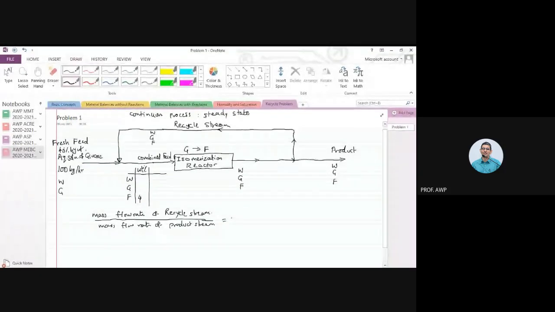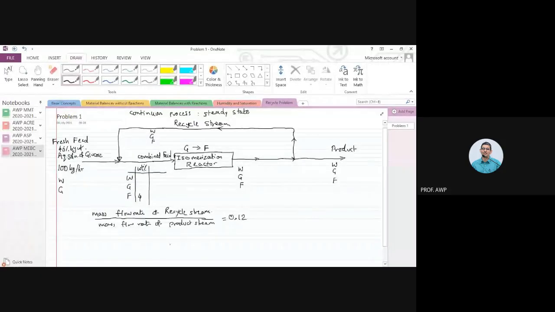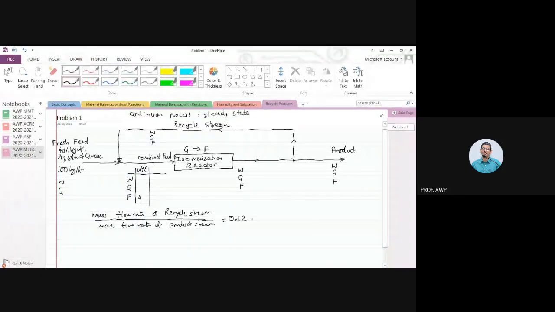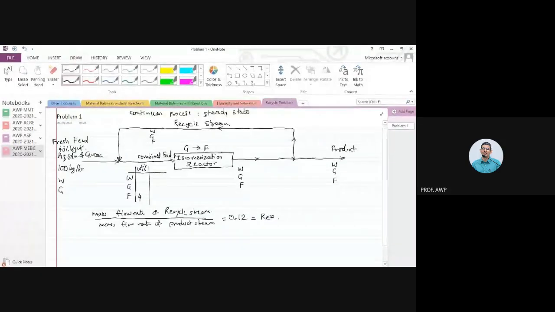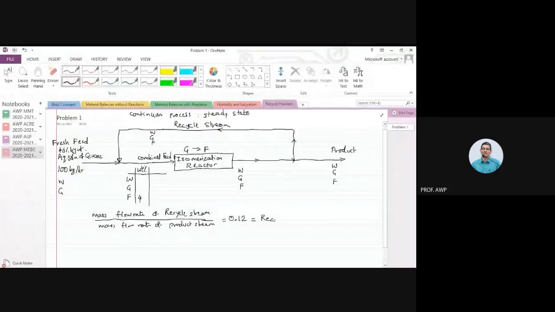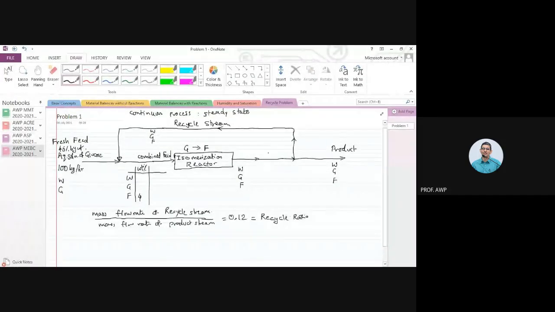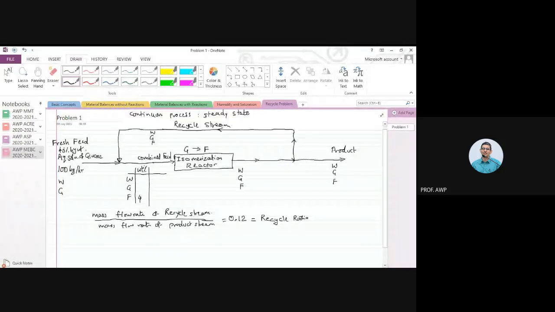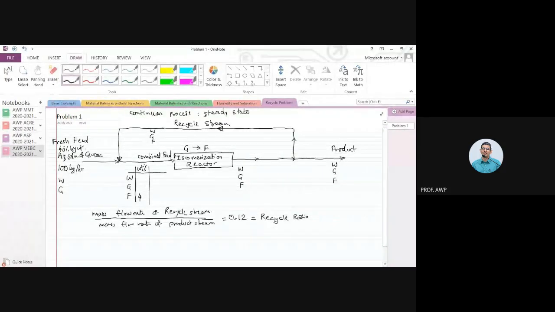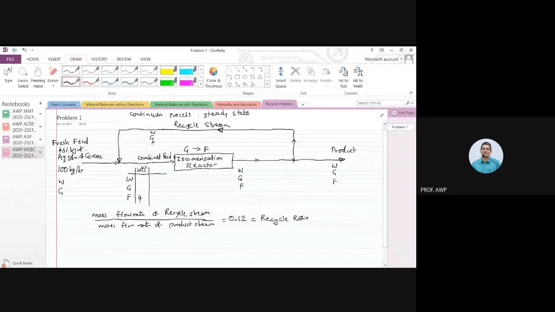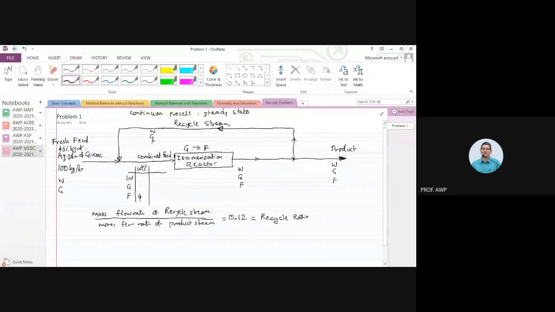This ratio, for this particular case, is 0.12. This ratio is called the recycle ratio. Just some nomenclature. So the recycle ratio is the ratio of the recycle stream going back to the reactor and the product stream going out of the plant. So that ratio is 0.12 for this particular problem.